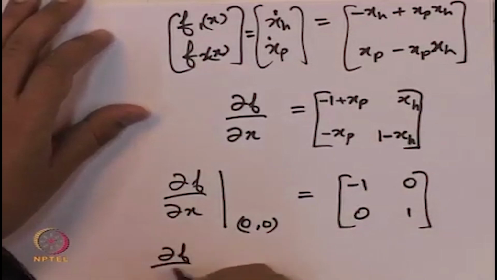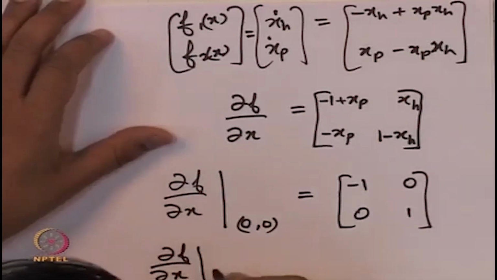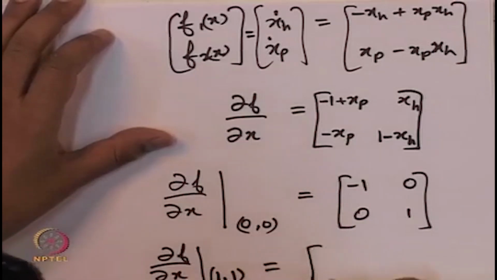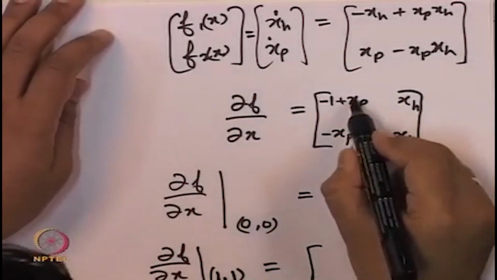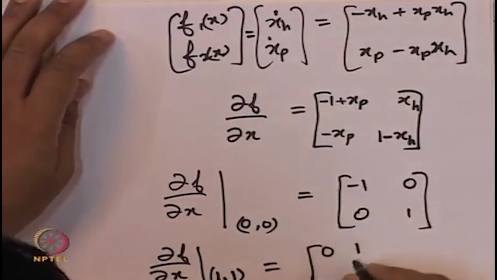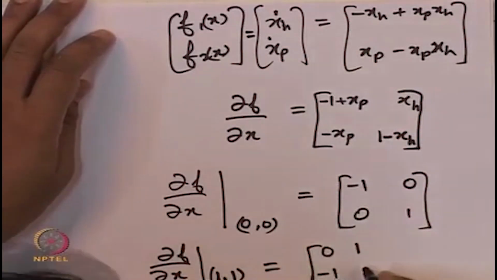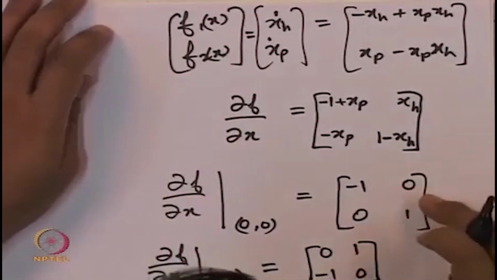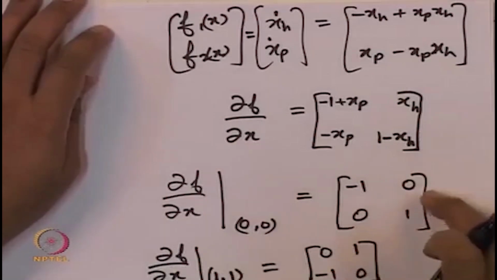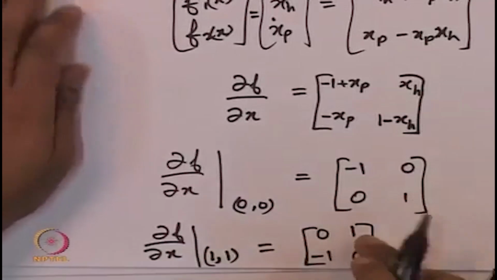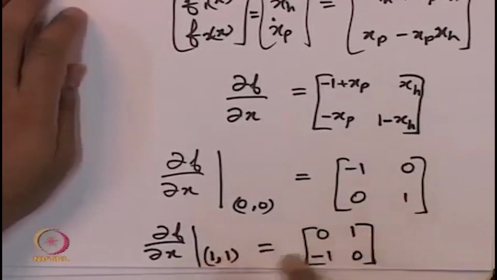And del F by del X evaluated at the other equilibrium point 1, 1, by putting XP and XH both equal to 1, we get 0, 1, minus 1, 0. So we have these two A matrices, one A matrix for the equilibrium point 0, 0, and the other A matrix for the equilibrium point 1, 1.